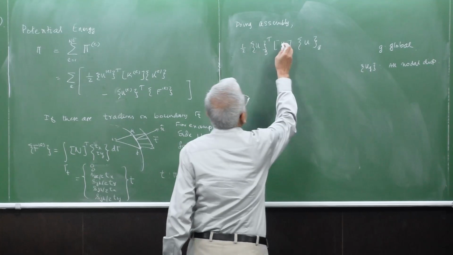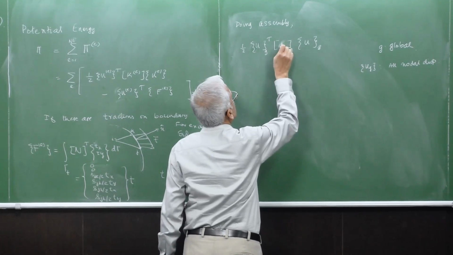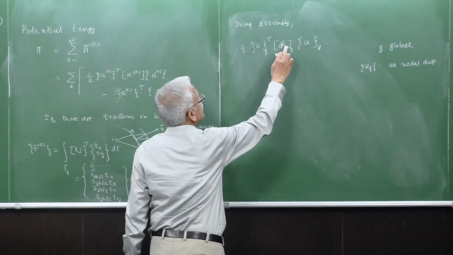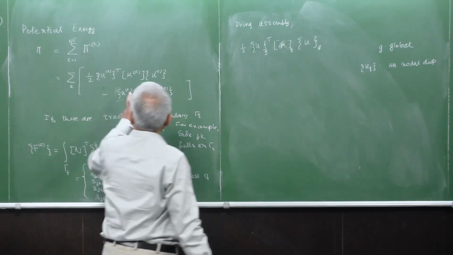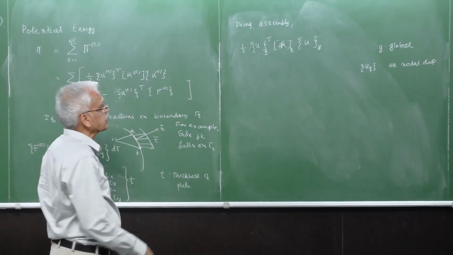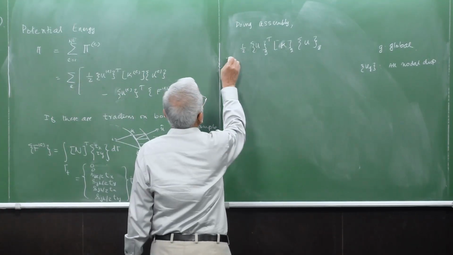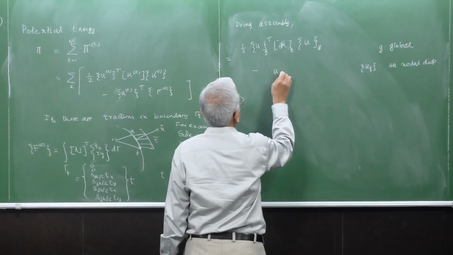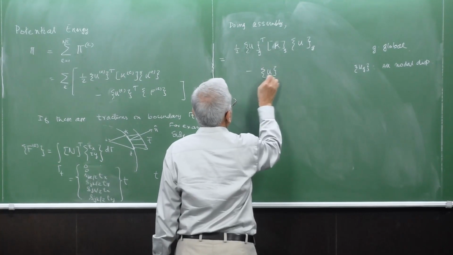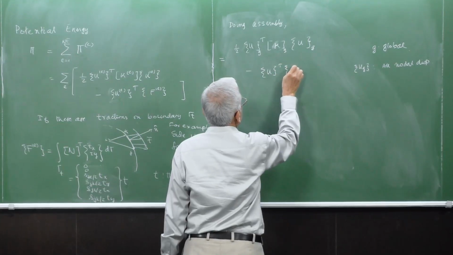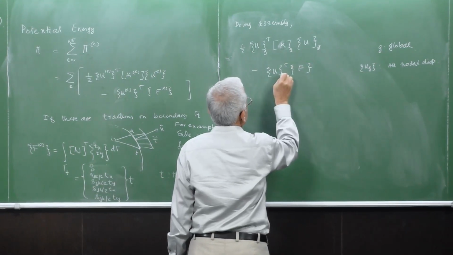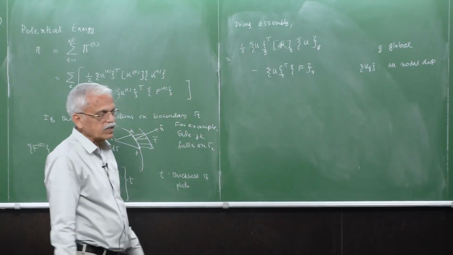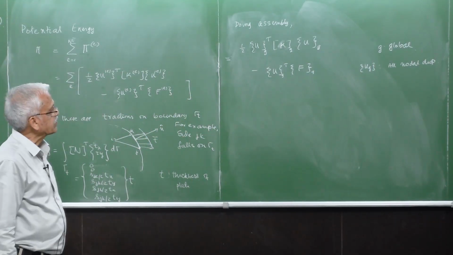Whereas this K here, Kg, is a global stiffness matrix, which is an assembly of all these elemental matrices. And so similarly here, this U also is global and this is also global. So these are all global matrices.